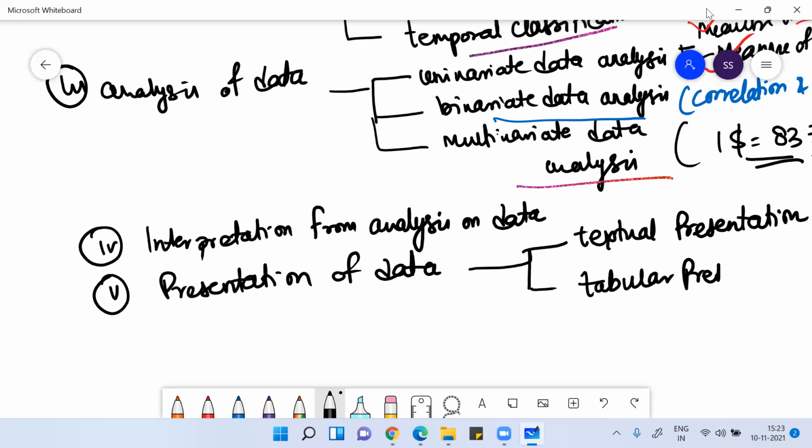In tabular presentation, we present the data in the form of a table. When we present data in a table, it becomes easier for people to understand, because instead of being written as a story, we are presented with a set of data in the table.